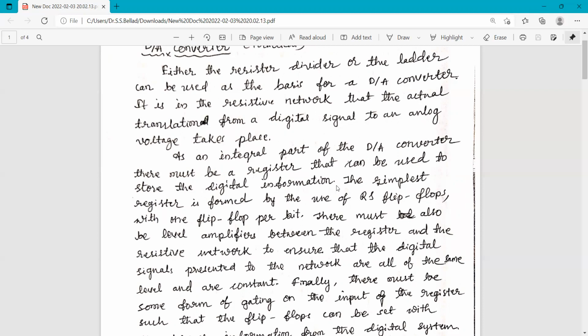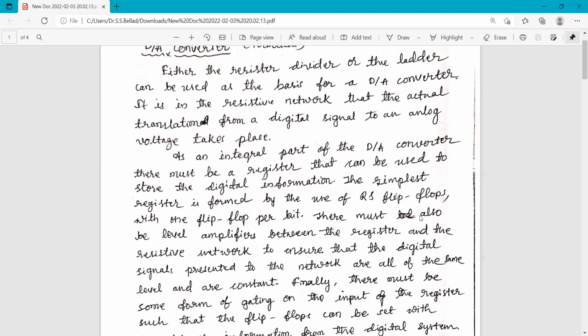There must be one register, meaning a memory, so that the digital information is stored. The simplest register is formed by the use of RS flip-flops with one flip-flop per bit. So the simplest register or memory devices used here can be the RS flip-flops, and these flip-flops are used for every bit.